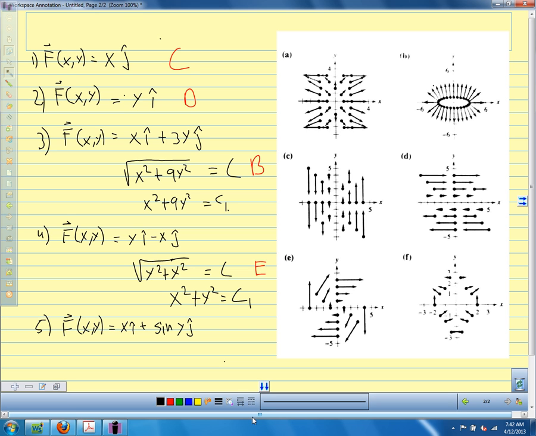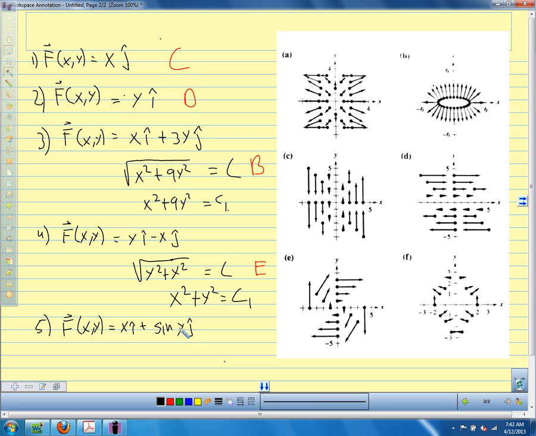Well, even ignoring the sine y, I know as it increases in the x direction, the magnitude has to increase towards the x, and I see that happening in A and not in F. Right. So what Sean said was as we move in the positive x direction, the magnitude in the x direction has to increase. That's happening here, not here.